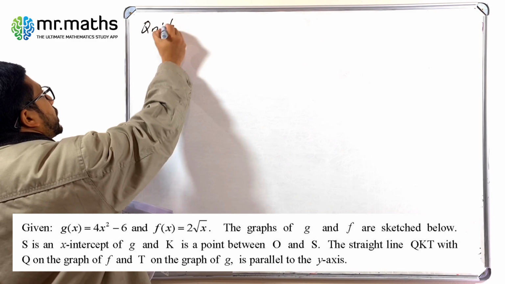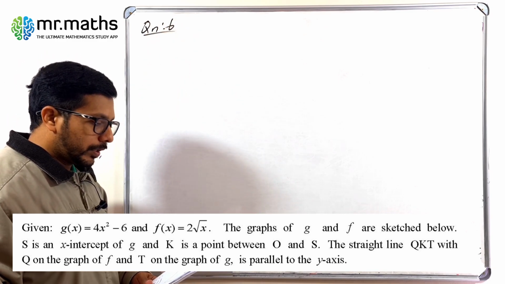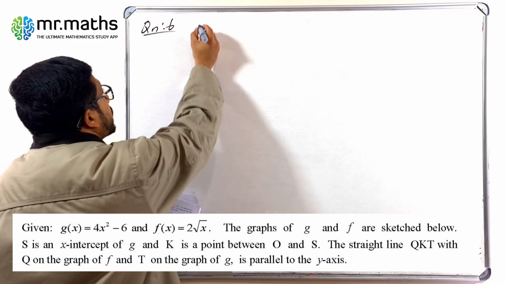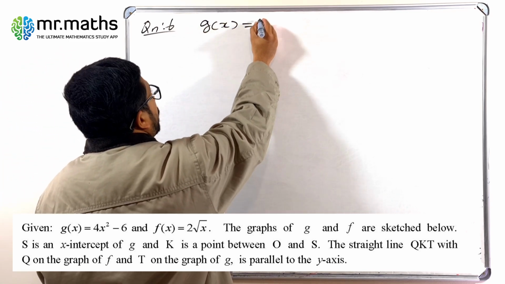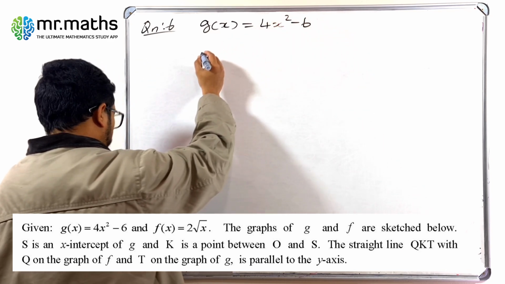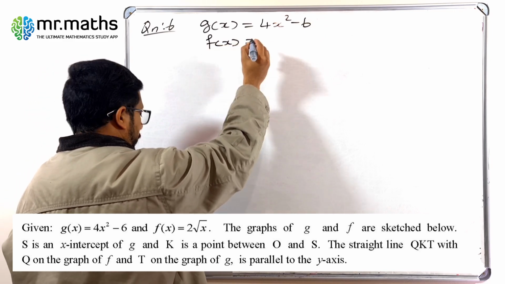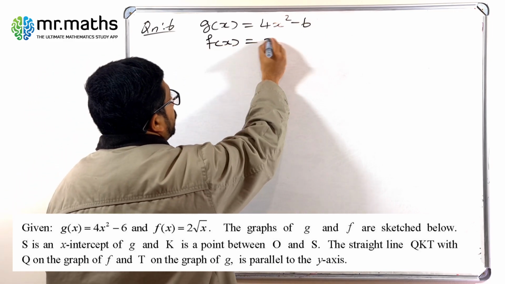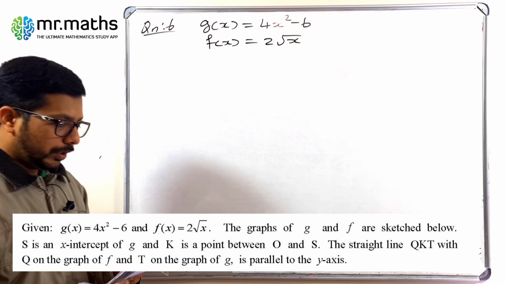Question number 6. Given g of x is equal to 4x square minus 6, and f of x is equal to 2√x. There are two equations given.